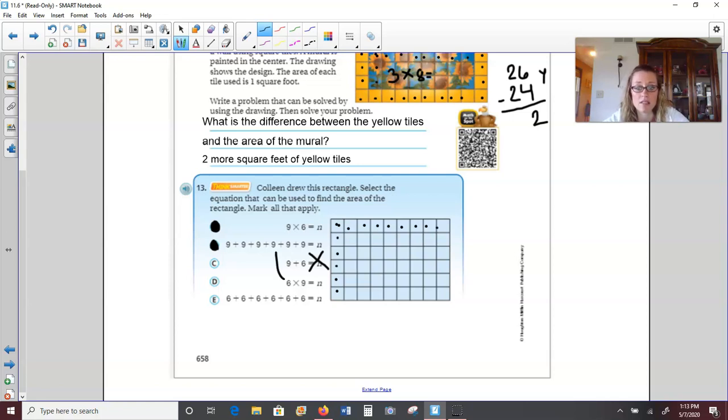Wait a sec, 6 times 9 is almost like 9 times 6, but just reversing the order of our factors, can we do that? Is that allowed? Adam? Yes, we can do that. Could we do 6 plus 6 plus 6 plus 6 plus 6 plus 6? Could we add 6 times?